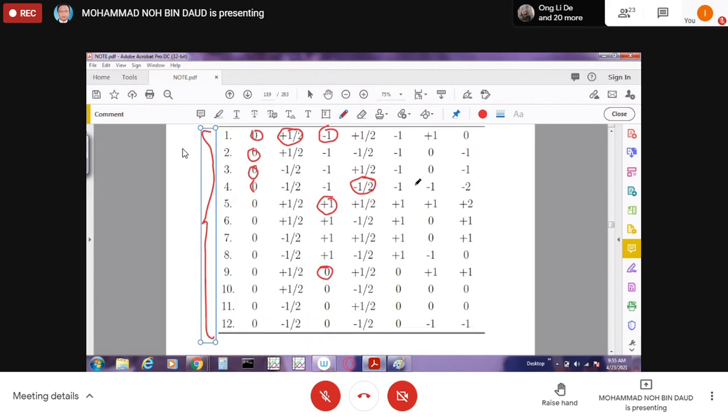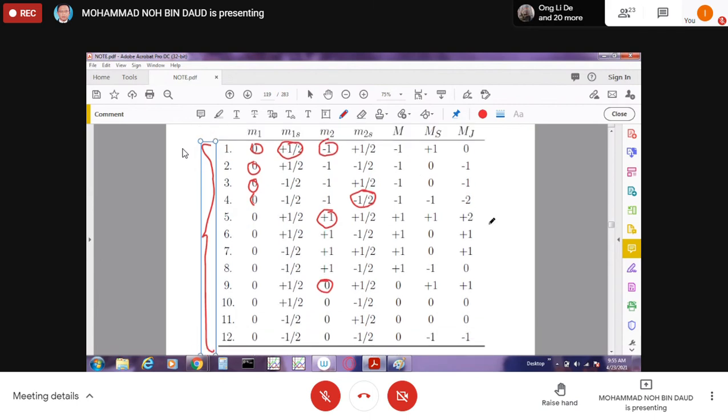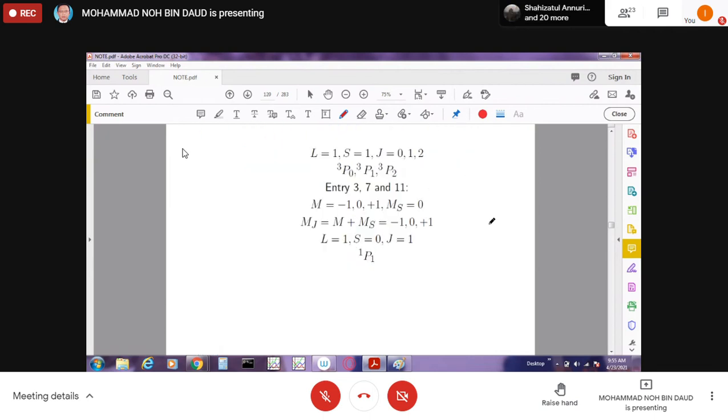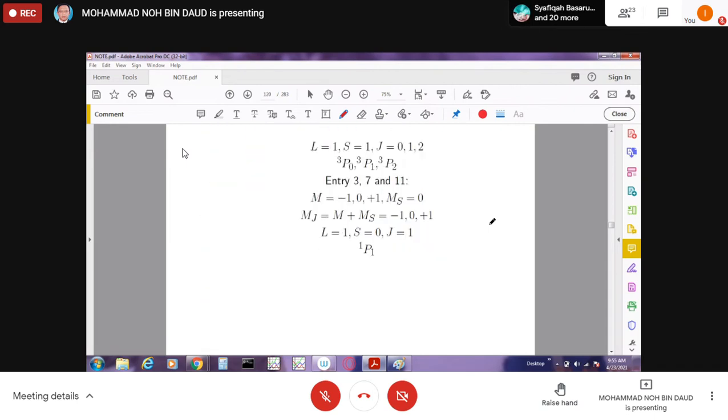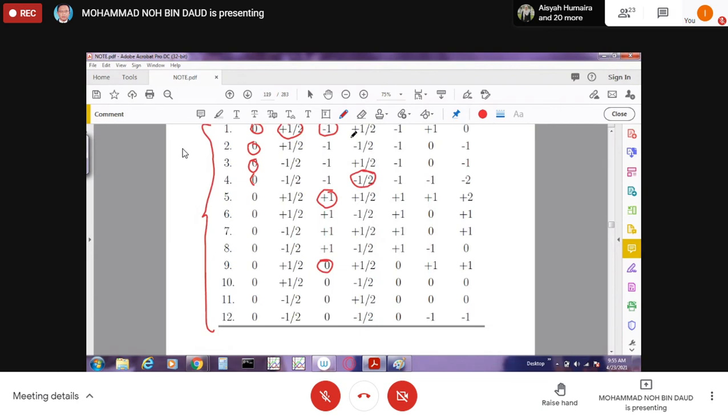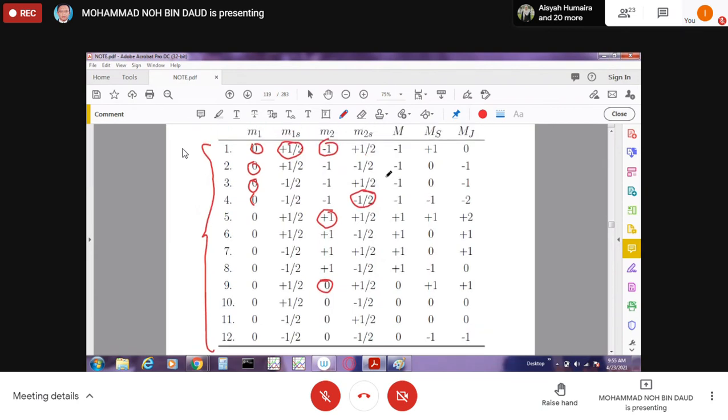And then you can identify each of these rows. For example, for the L1 here and S1 here. This could be this value, okay?